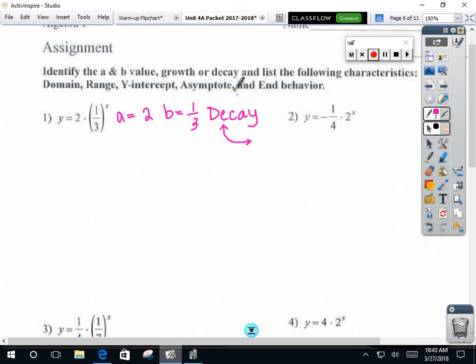Now, it doesn't say so in the directions, but I want you to also list if there's any shifts. Do any shifts occur here? No. So now let's get ready to write those characteristics.